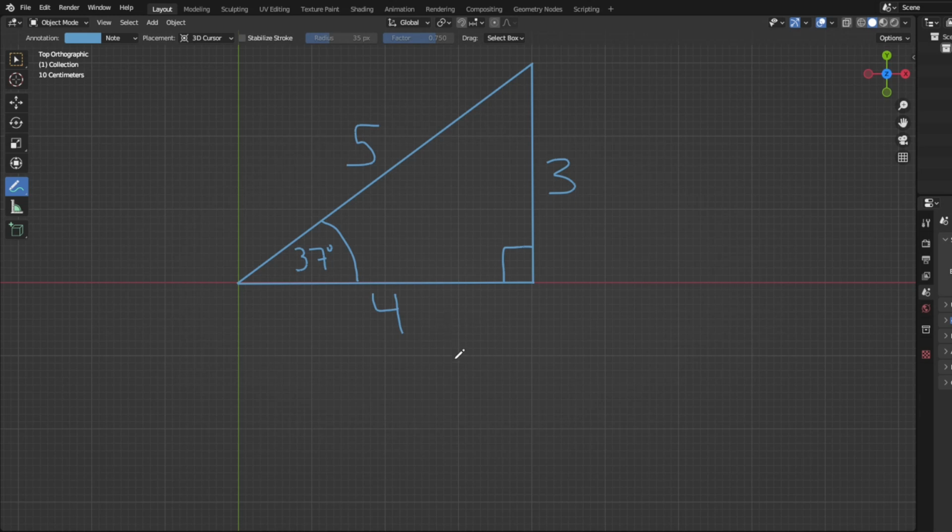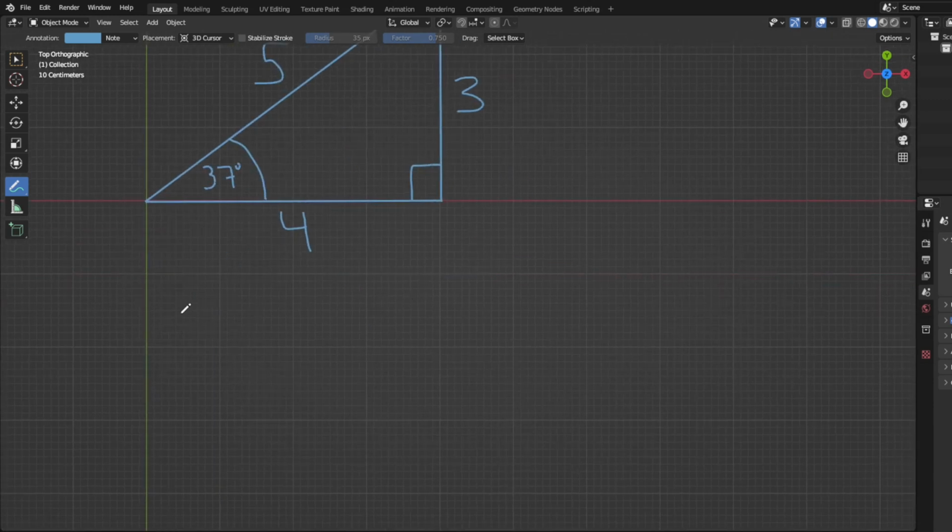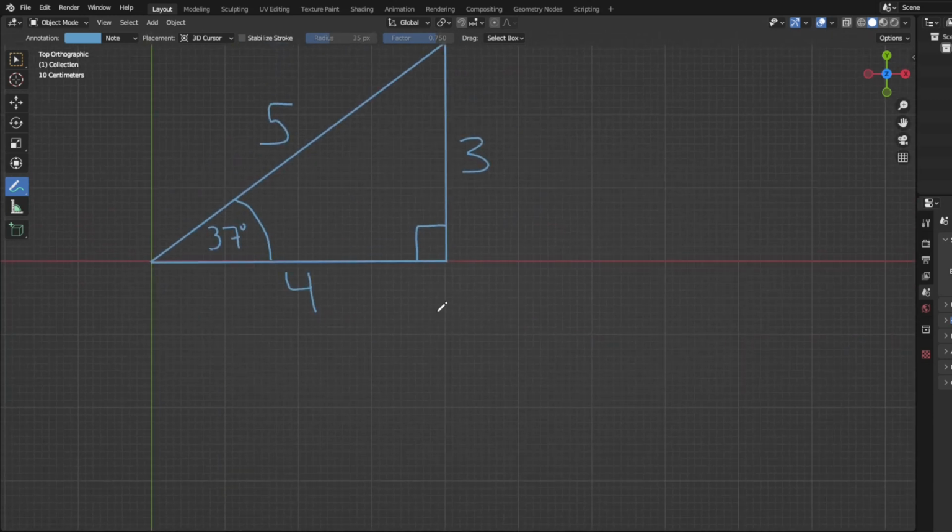But let's create a little table now. Before we do that, we've got to recognize some points. Given this angle of 37 degrees, this bottom piece here is called the adjacent.